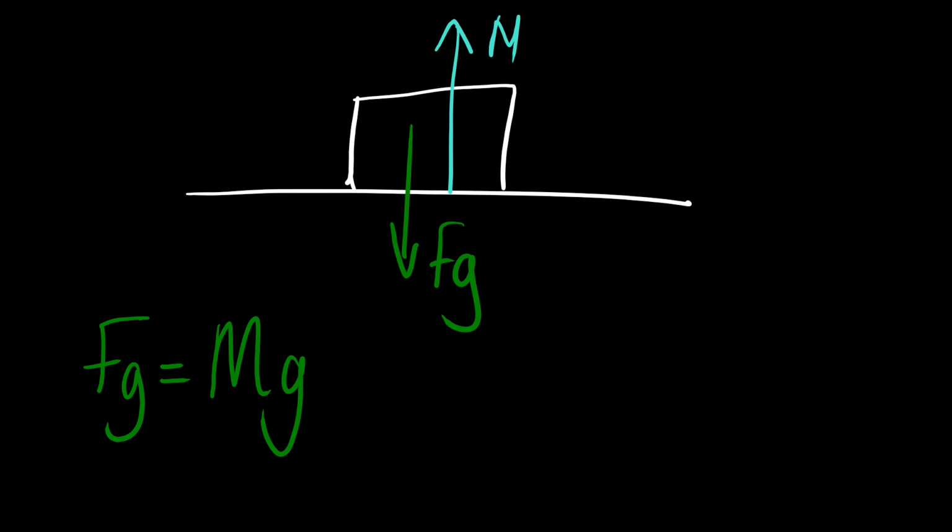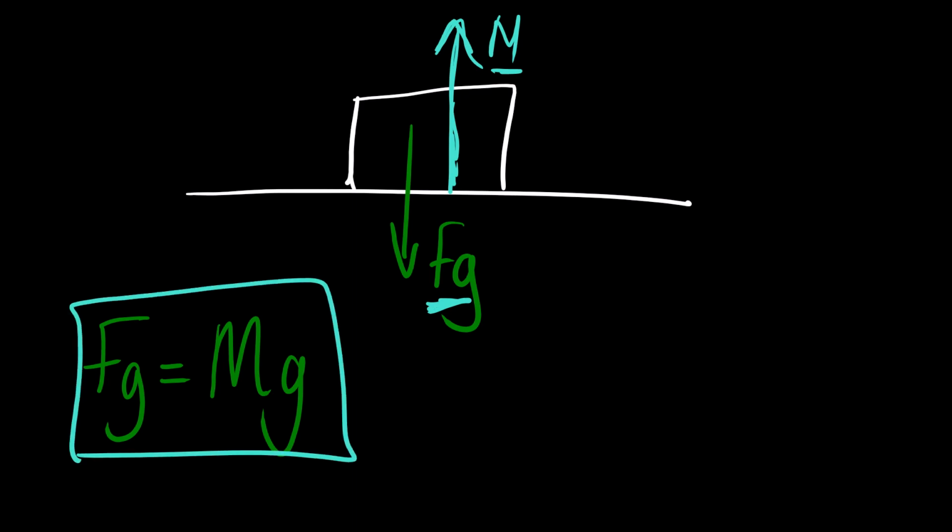So it simply means that in terms of magnitude, the magnitude of gravitational force and the magnitude of normal force are equal. In that case, the only difference is the direction. We can see that normal force is oppositely directed force of gravitational force. So if this is the equation of gravitational force, it means the equation of normal force is the product of the object's mass and the gravitational acceleration.